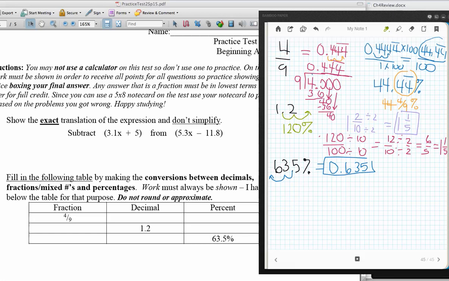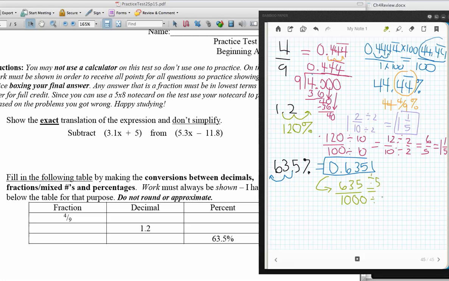Now, there are a couple of ways that I can change this to a fraction. One way would be that I could read this as 635, and then that would be tenths, hundredths, thousandths, or putting it over a factor of 10 with 3 zeros. Now, each of these would certainly be divisible by 5, so I could reduce that by dividing by 5 and dividing by 5.